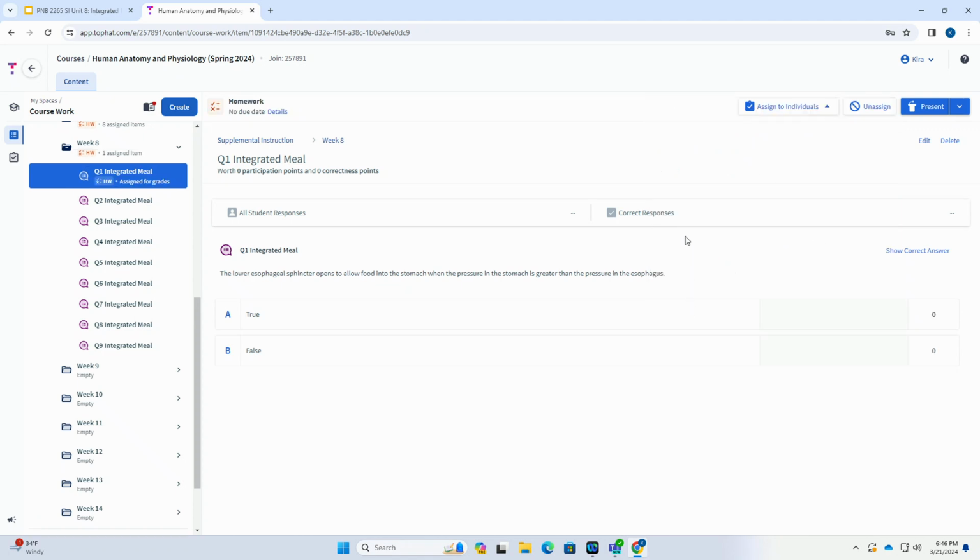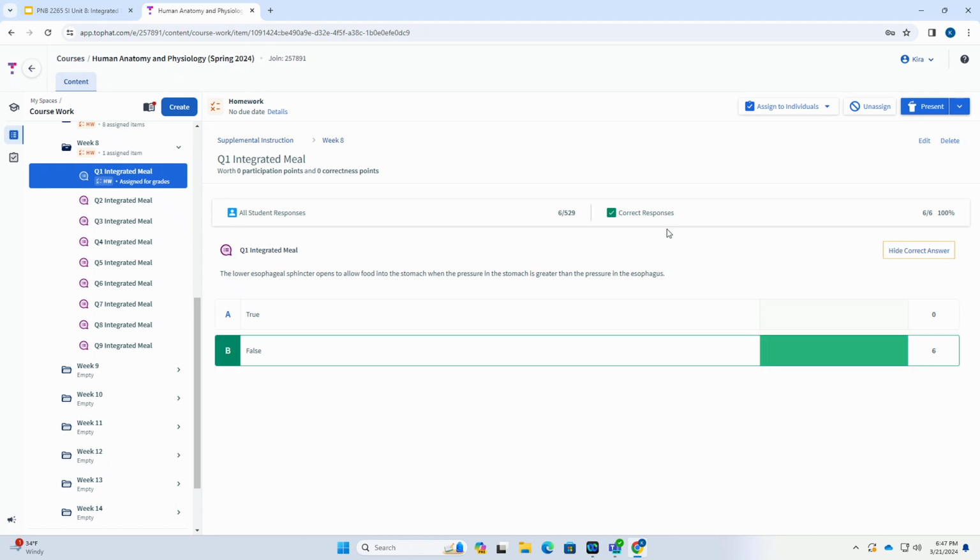The lower esophageal sphincter opens to allow food into the stomach when the pressure in the stomach is greater than the pressure in the esophagus. True or false? Nice.